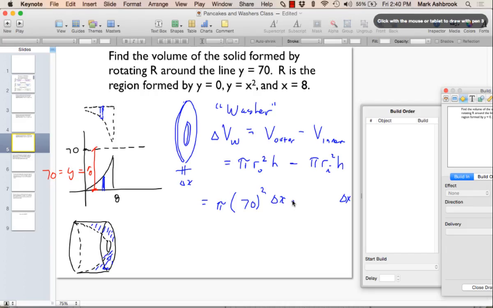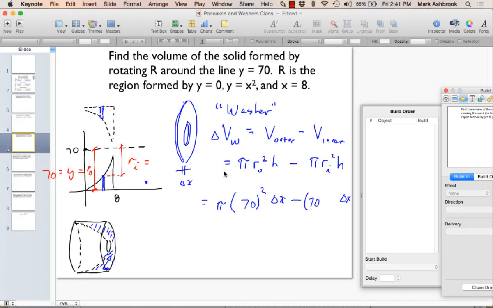Okay, and now what about the inner radius? The inner radius is from there to there. So that's our inner radius right there. Is it x, y, change in x or change in y? That's a change in y, so it's going to be y2 minus y1. y2 is 70. y1 is the y coordinate on the curve.